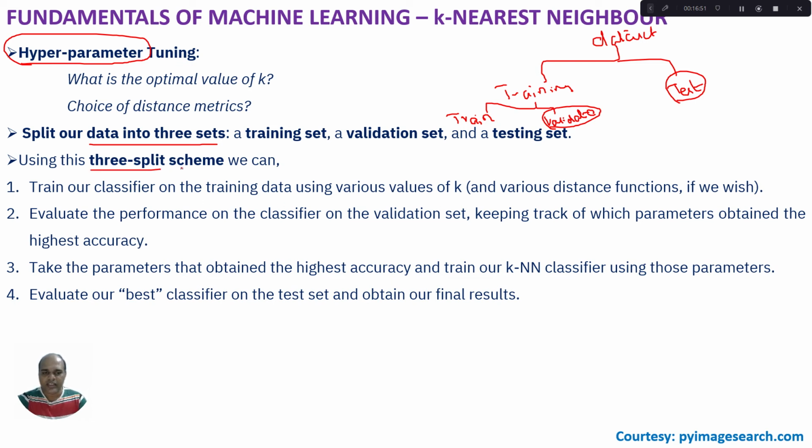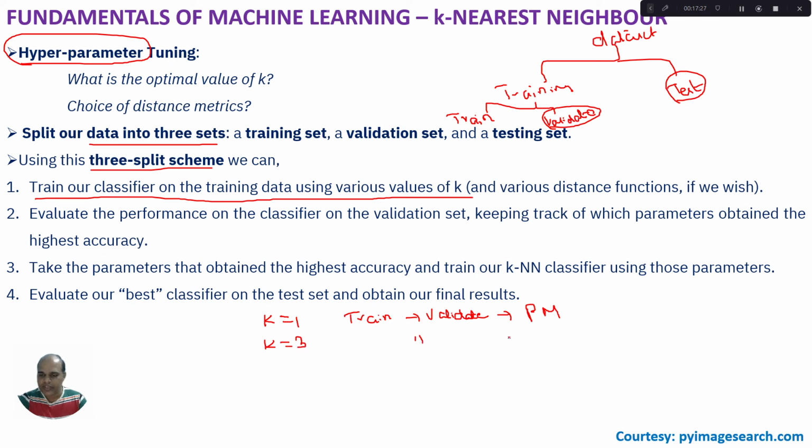So we use a 3-split scheme. First, train our classifier on the training data using various values of k. For example, I will use k equal to 1. Do the training process, and then validate the model using the validation data. Note down the performance metrics. In the same way, I change the value of k to 3, do the same procedure and get the performance metrics.